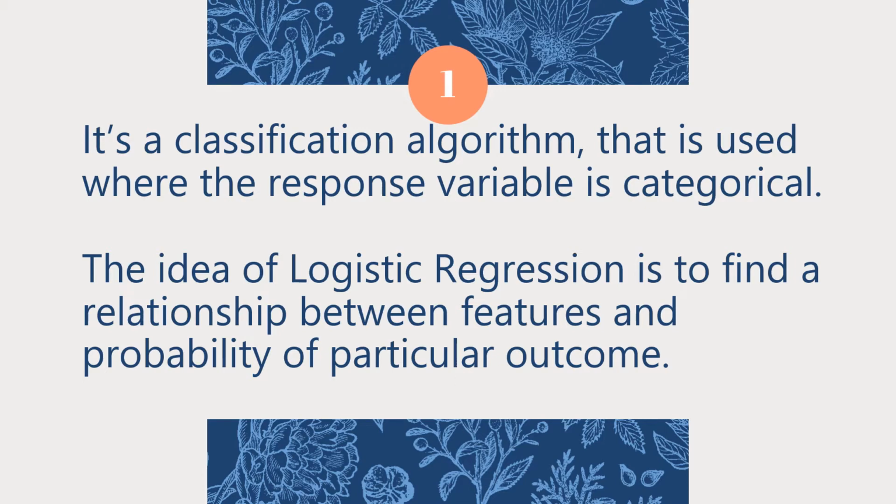The idea of logistic regression is to find a relationship between features and probability of a particular outcome. Over here, we are not predicting what outcome will come, but we are predicting the probability of occurrence of a particular outcome. Now, let us look at the different types of logistic regression.